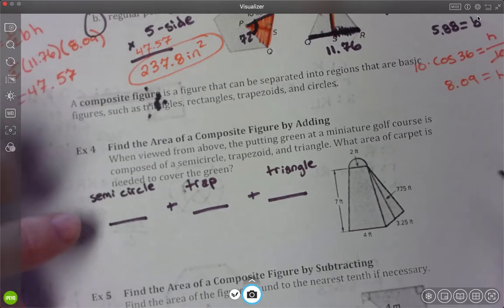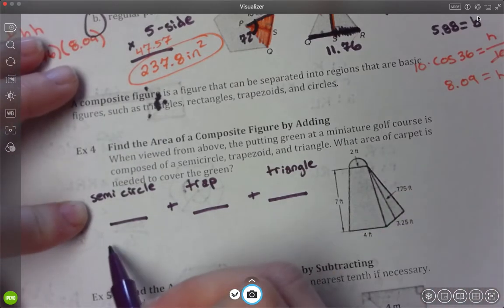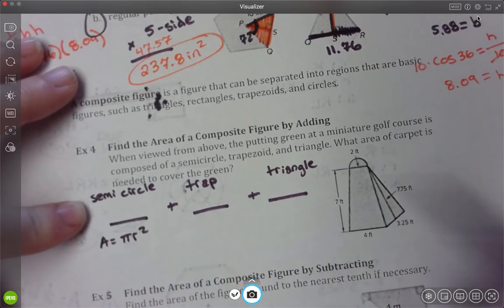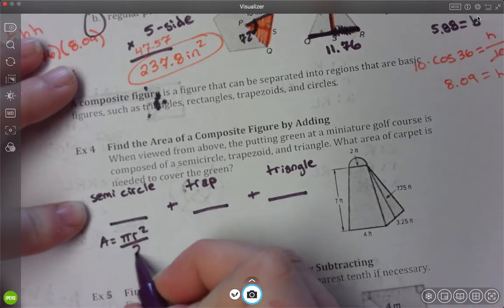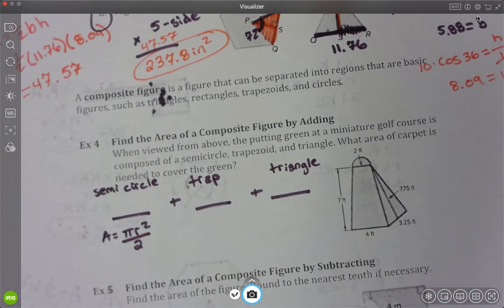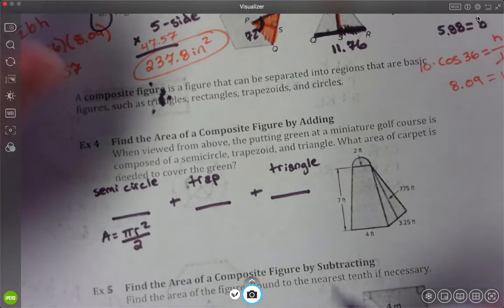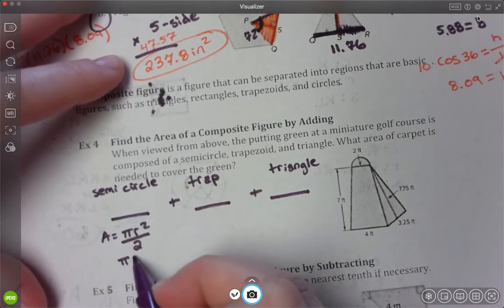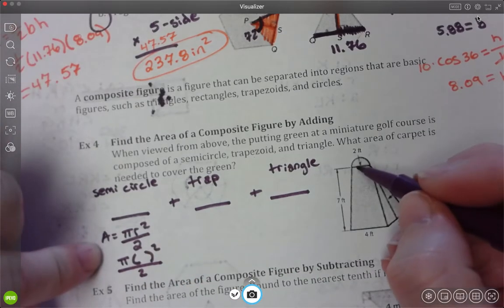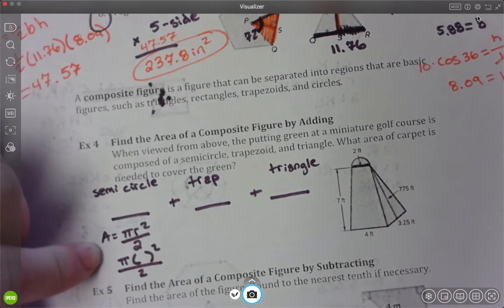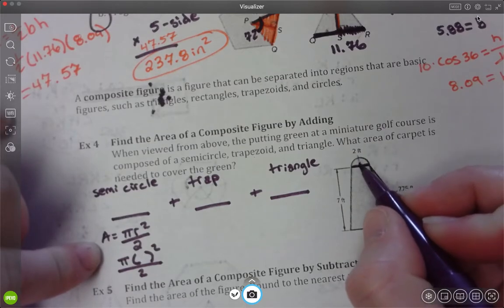So semicircle, to find the area of a circle, is pi radius squared. Okay, but since it's only half of a circle, I'm going to take that pi radius squared and divide it by 2. Okay, so let's go ahead and do this semicircle. I have pi times the radius squared divided by 2. The radius, this whole length across here is 2, so the radius here is going to be just 1.